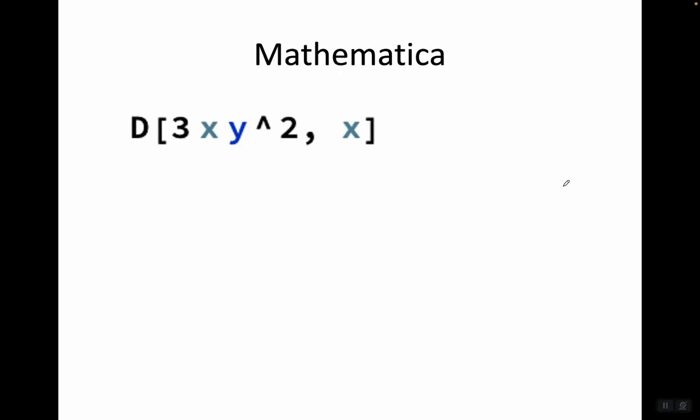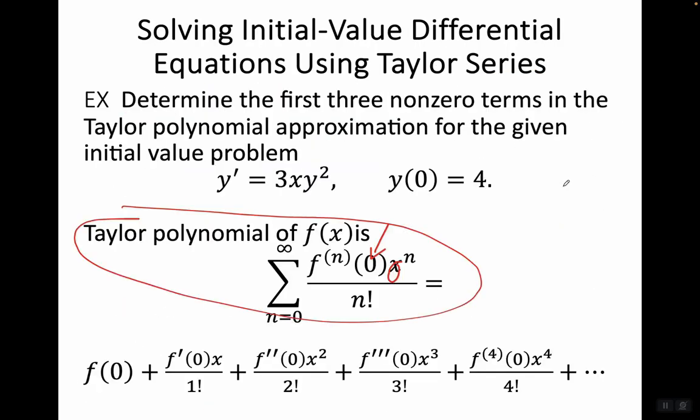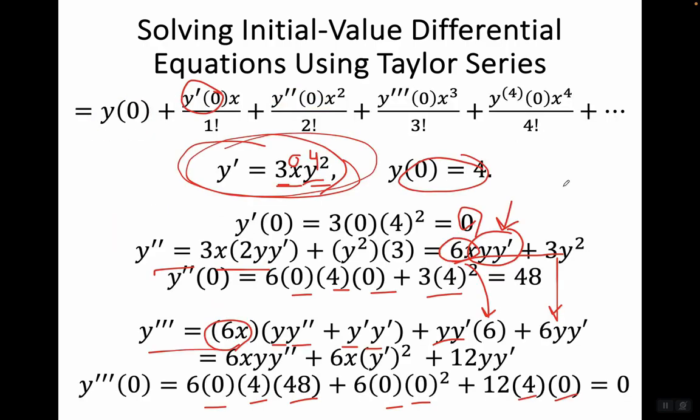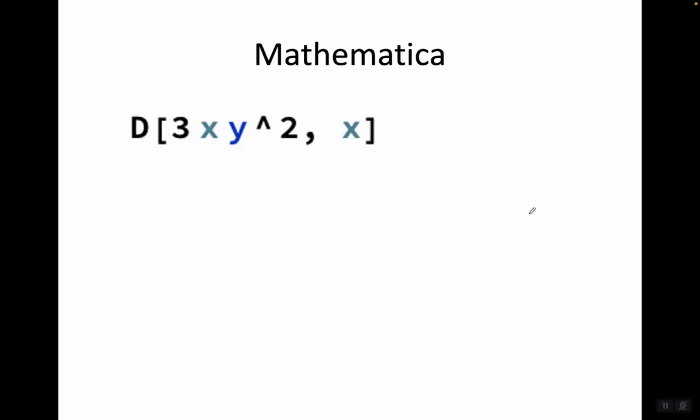Here's how you can use Mathematica to calculate derivatives. So remember, we originally wanted to calculate the derivative of 3xy squared. That was going to be y double prime. We did that over here. That turned out to be 6x y prime plus 3y squared. But if you just enter in Mathematica, okay, D, that's the notation for derivative.